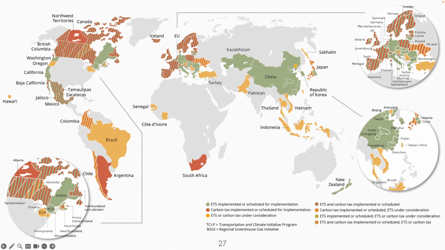Okay, so still a long way to go. Yeah, like not even the U.S. We don't have anything at the federal level, obviously, and countries like China and regions like the EU do have fairly aggressive policies, which is good, but obviously a lot more is needed generally.